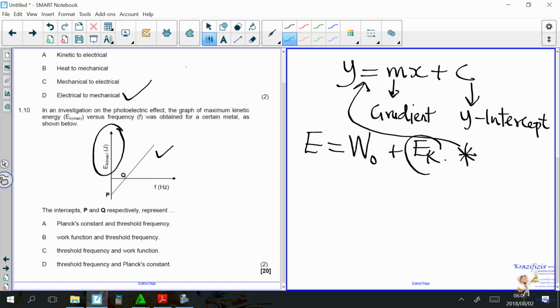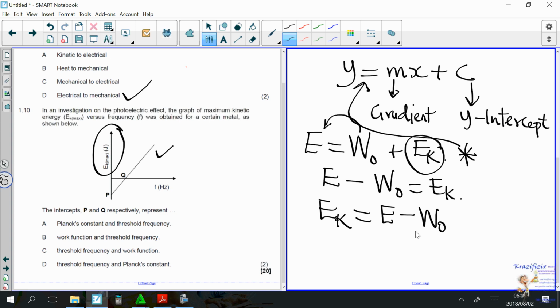So since kinetic energy is on my y, can I make kinetic energy my change of subject now? Let's do that. If I move this here, what am I going to have? E minus work function equals kinetic what? Energy. Let's write this nicely now. Kinetic energy equals E minus work function.